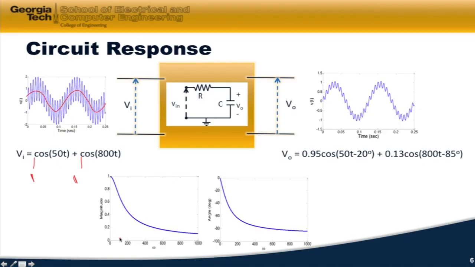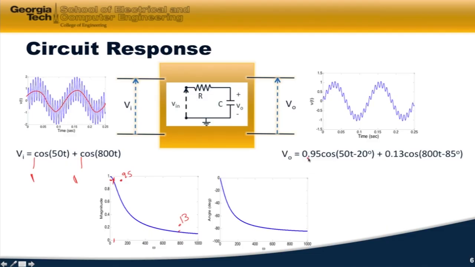So I've got the summation of two frequencies, and one of them at 50. What I do is go to this plot at 50. This is a plot of my frequency response. At 50, I look at this value here. That's about 0.95. And at 800, I look at the value there. That's at about 0.13.